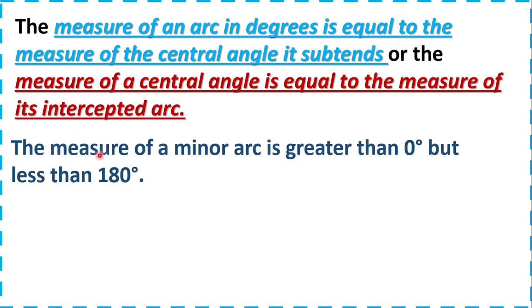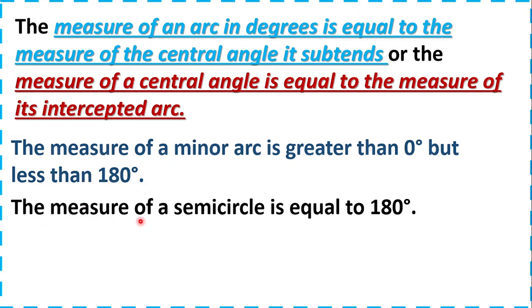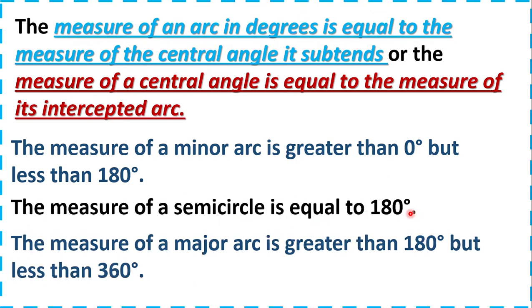The measure of a minor arc is greater than 0 degrees but less than 180 degrees. The measure of a semicircle is equal to 180 degrees. The measure of a major arc is greater than 180 degrees but less than 360 degrees.